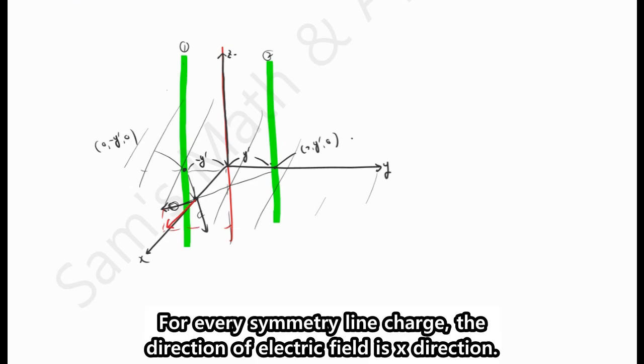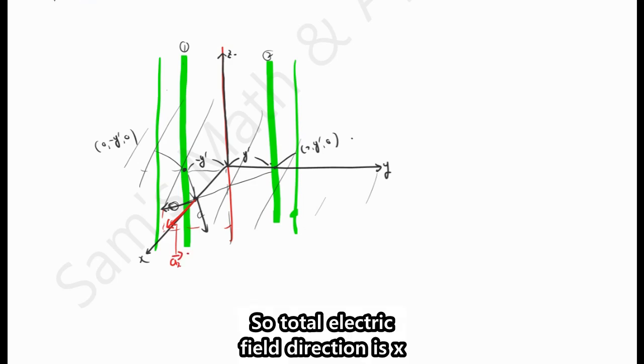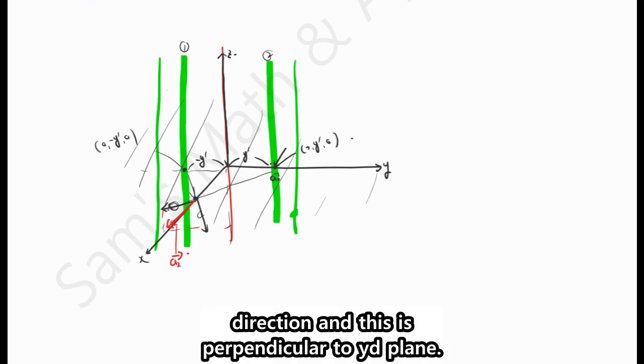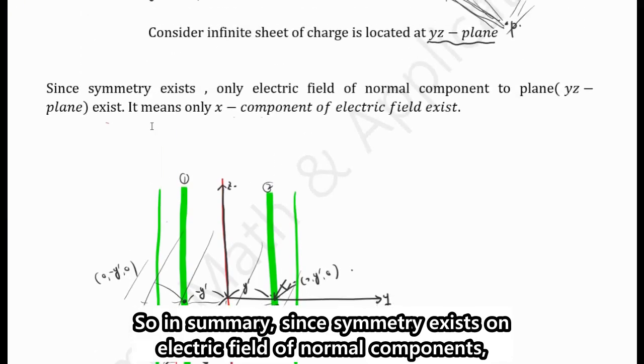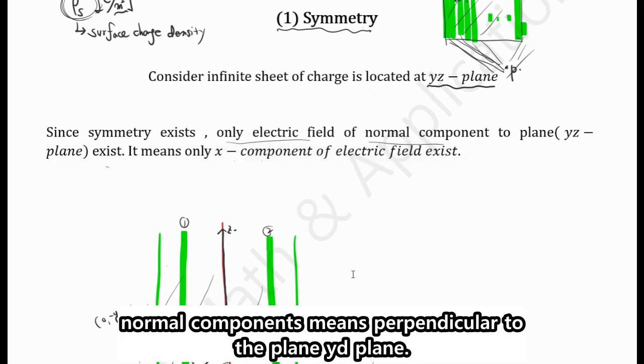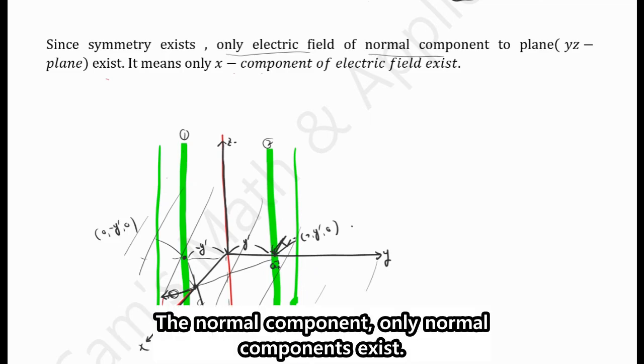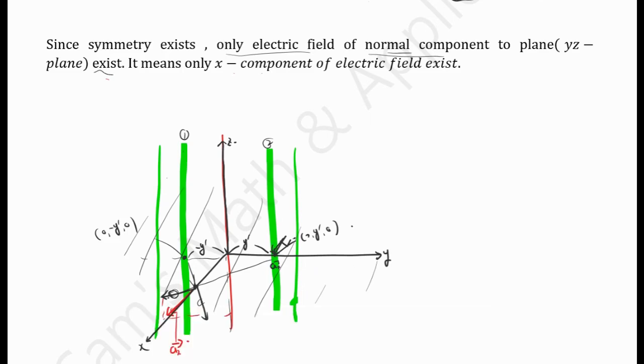For every symmetric pair of line charges, the direction of the electric field is the x direction, right? So the total electric field direction is the x direction, which is perpendicular to the YZ plane. In summary, since symmetry exists, only the normal component of the electric field, perpendicular to the YZ plane, exists.